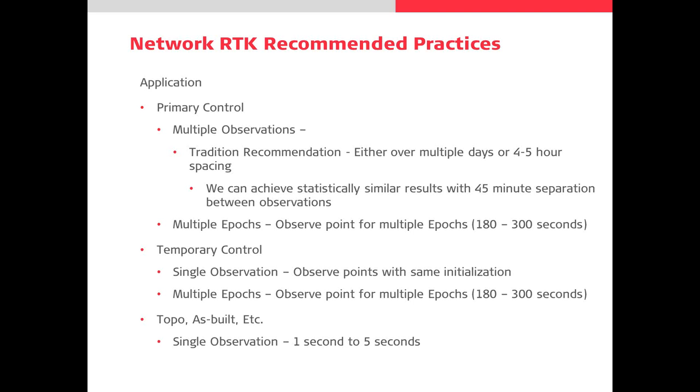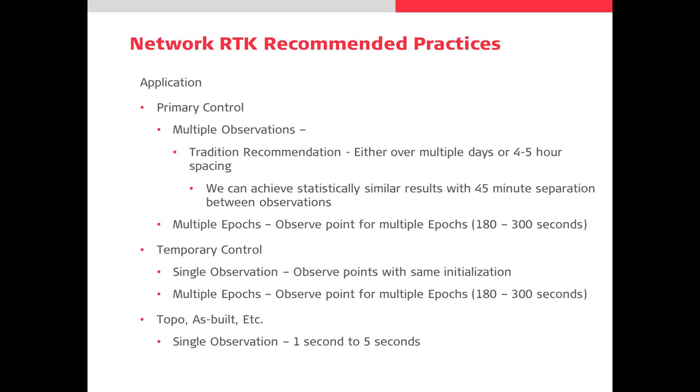But here are some practices that we recommend for different applications. So if I'm using primary control, that's the gospel, what I'm going to be working off of now and into the future, we're going to do multiple observations. The traditional recommendation was either to do these observations over multiple days or with a 4 to 5 hour spacing.